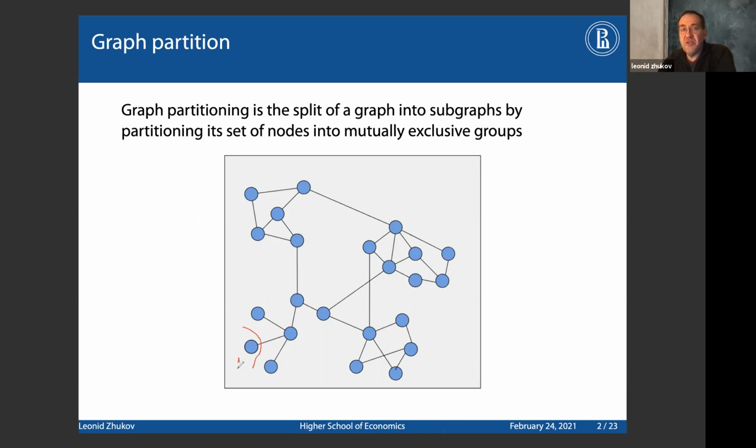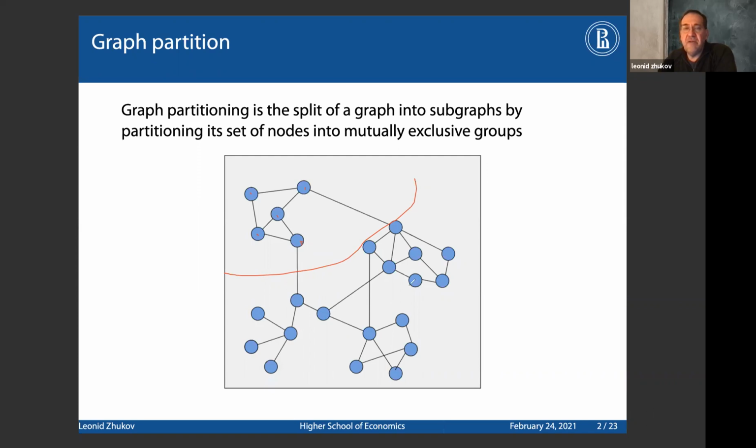The size of this partition is 1, and the size of this partition is the rest of the nodes. Now, the size of the partition is usually measured by the number of nodes in that partition, right? Or if I do, for example, this cut, then the cut itself is 2 edges, right? The value of the cut is 2, and one partition is of size 1, 2, 3, 4, 5, and the rest is the rest.